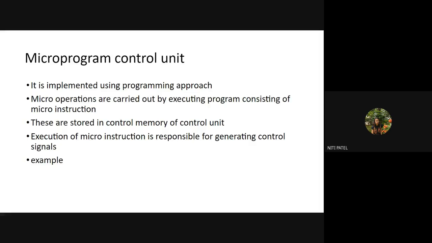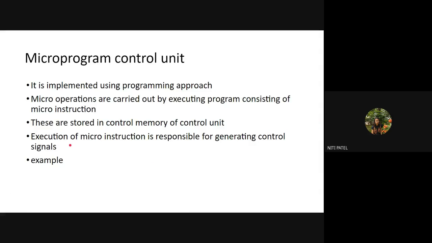Just as we have RAM and hard disk for storage, and cache memory for storage, similarly inside the control unit we have a small memory called control memory for storing the instructions. Execution of micro instructions is responsible for generating the control signals. So whenever these micro instructions execute, they will also generate some kind of control signals.